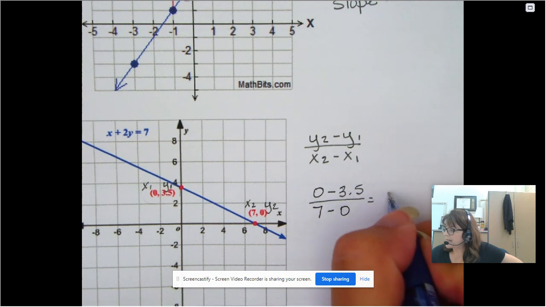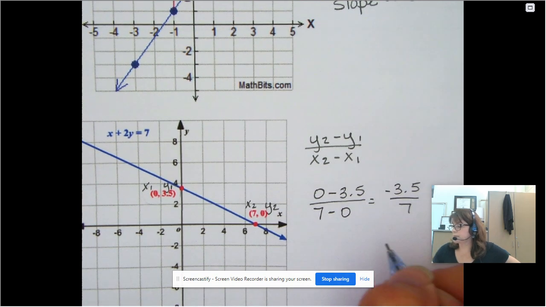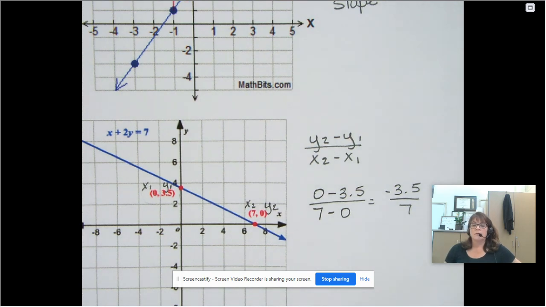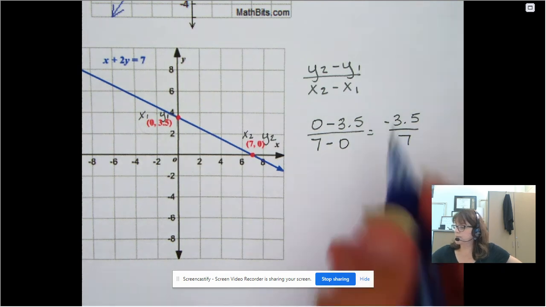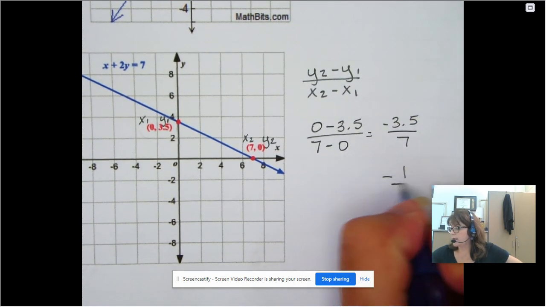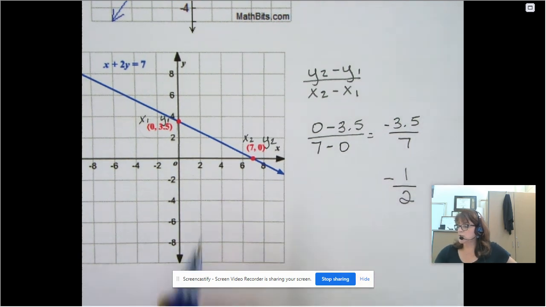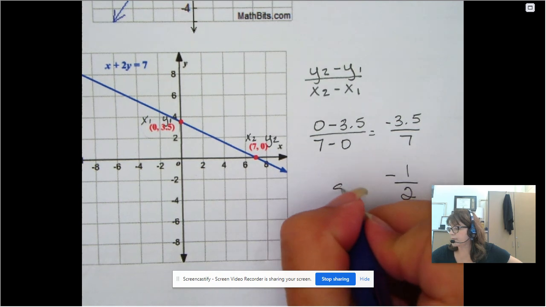So I have negative 3.5 over 7. Now, I happen to know that I can simplify that to negative 1 over 2. So this slope is negative 1/2.